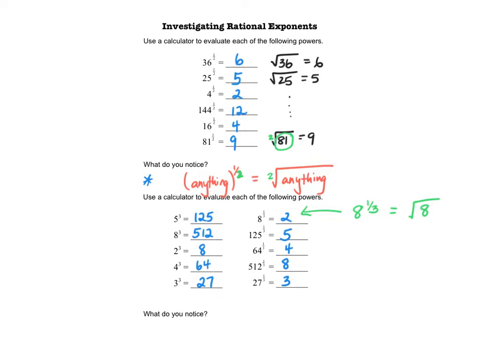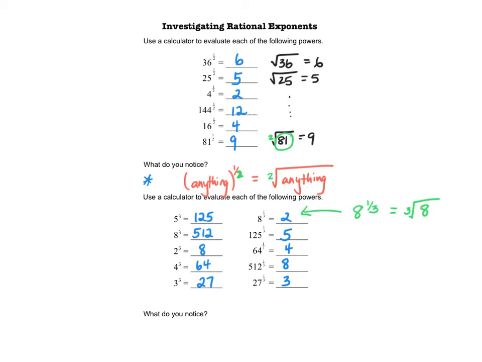So since we have an exponent of 1/3, my root index on my radical is going to be 3. So instead of asking myself what number multiplied by itself twice gives me whatever's inside, I'm going to ask myself, what number multiplied by itself 3 times gives me the value of the radicand?